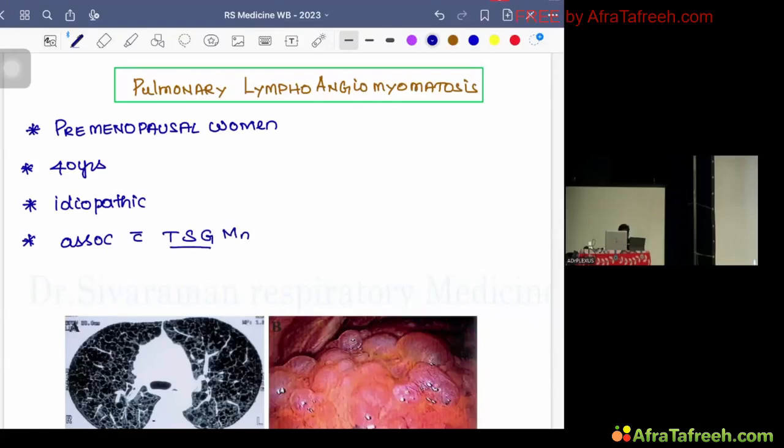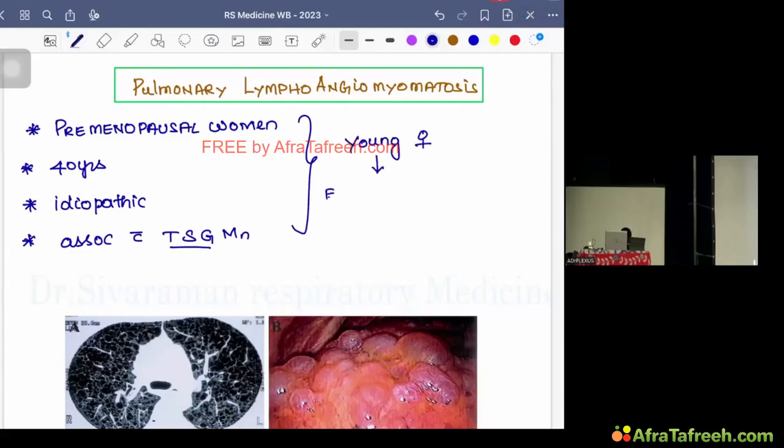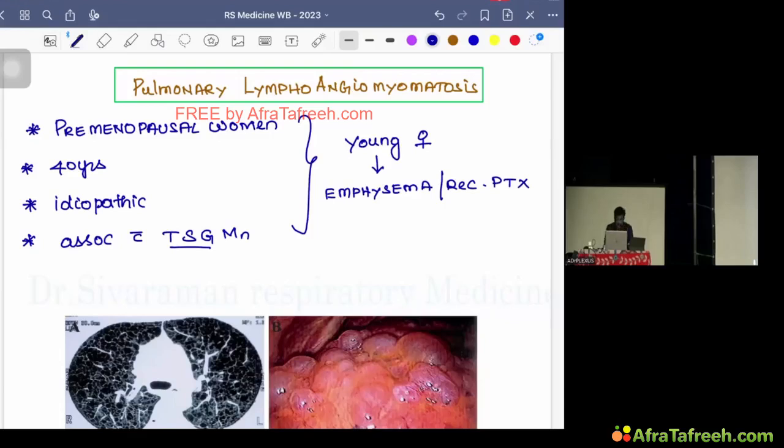So whenever a relatively young female comes to you with emphysema or recurrent pneumothorax, then you will suspect pulmonary lymphangiomyomatosis.